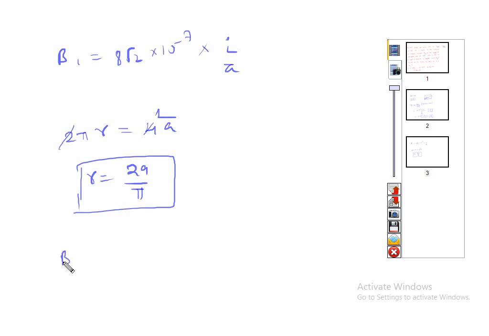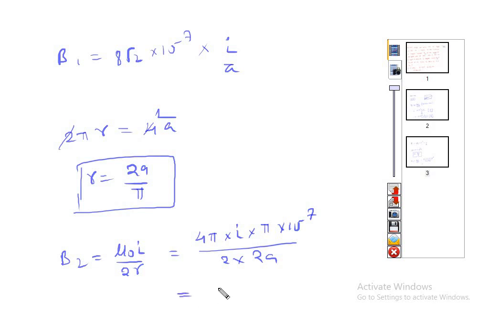So B2, when it is a circle, is mu naught I by 2 times r. So 4 pi into I into pi into 10 to the power of minus 7 by 2 into 2 times a. This will give us the value of pi square I into 10 to the power of minus 7 by a. The 2s cancel, 2 2s are 4, right?